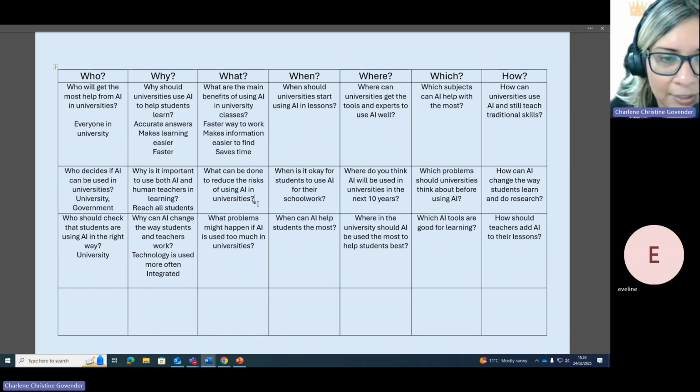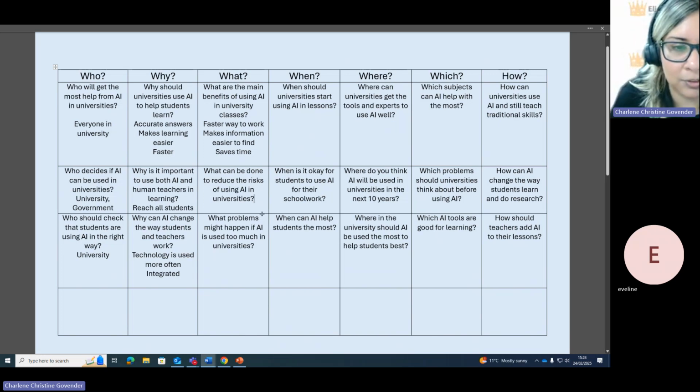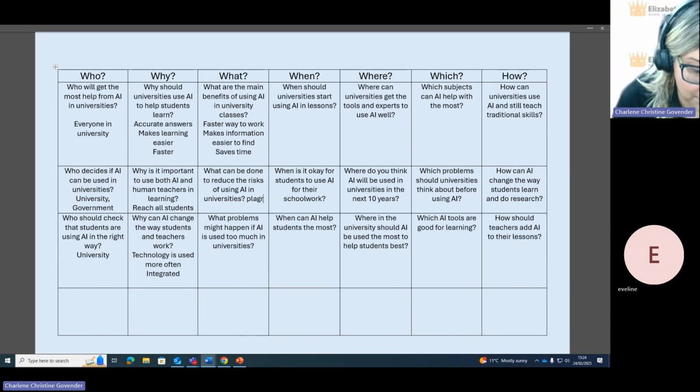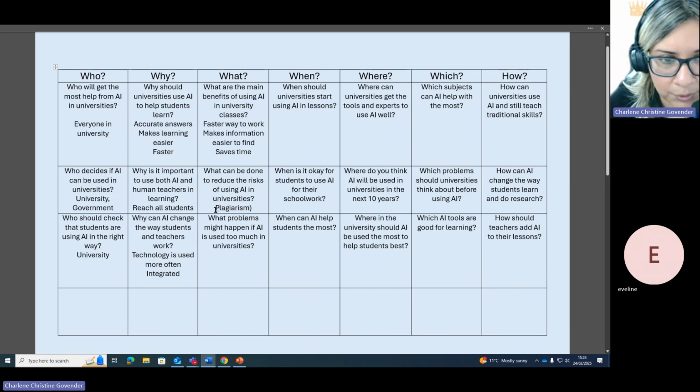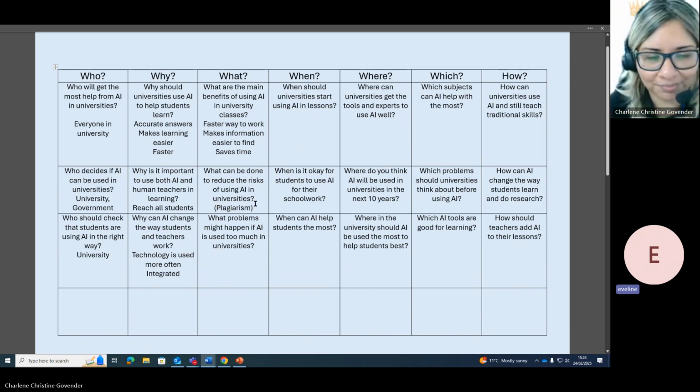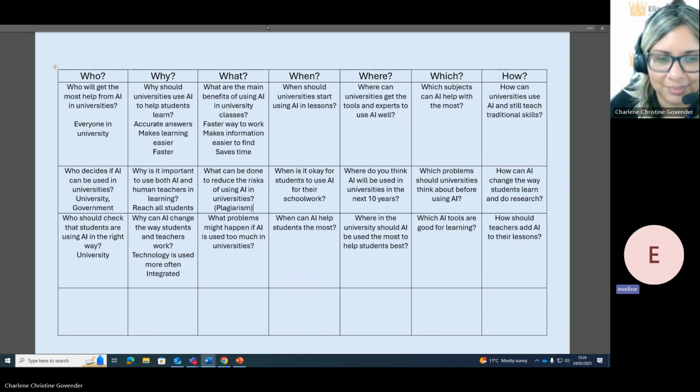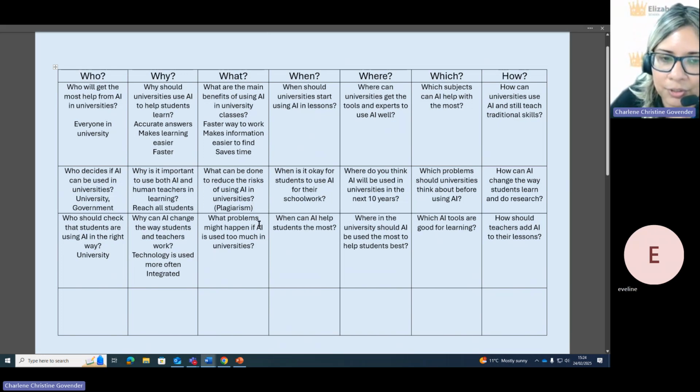When I mean reducing the risk, I'm talking about plagiarism. Now, do you know what plagiarism is? Yes, it's when the thing you write is very similar to the one you take from the book or from websites. 100%. So how can a university reduce plagiarism?